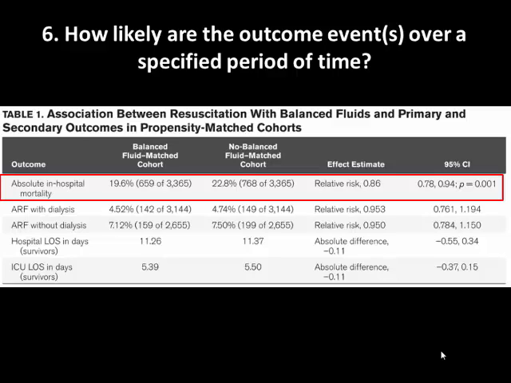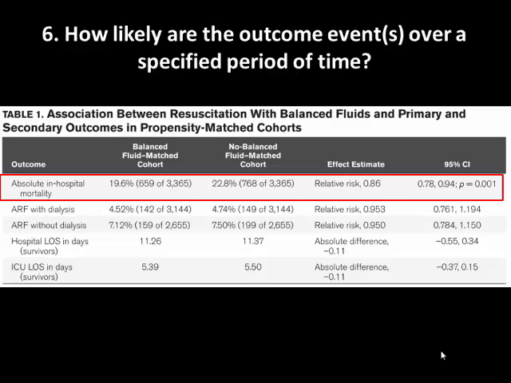In the balanced fluid group, it was 19.6%, and in the non-balanced fluid group, 22.8%. That gives us a relative risk of 0.86, showing an association, and it shows that the balanced fluid group was protected against mortality.